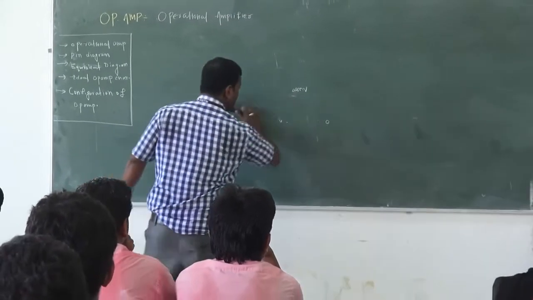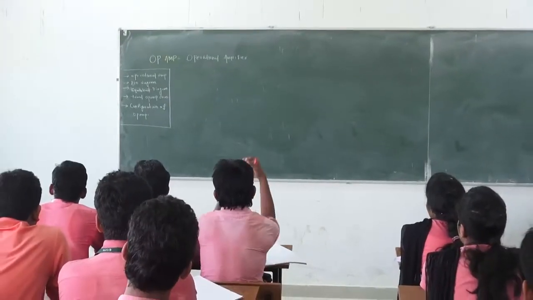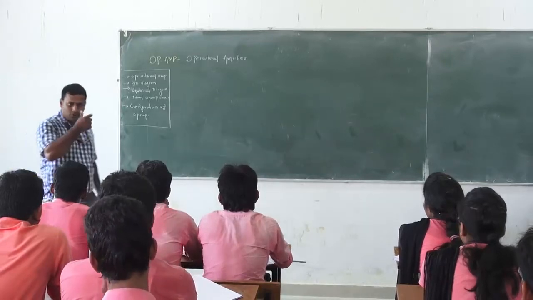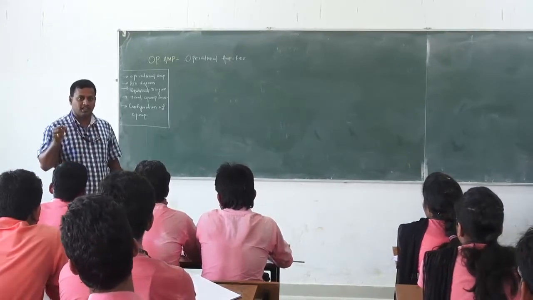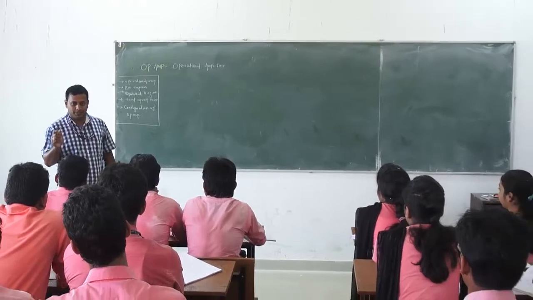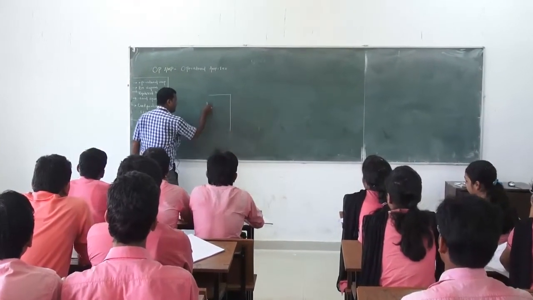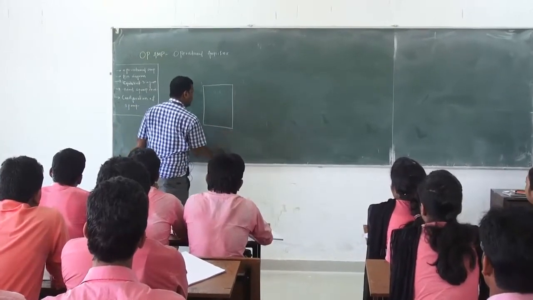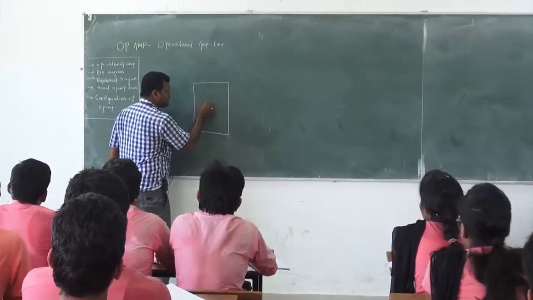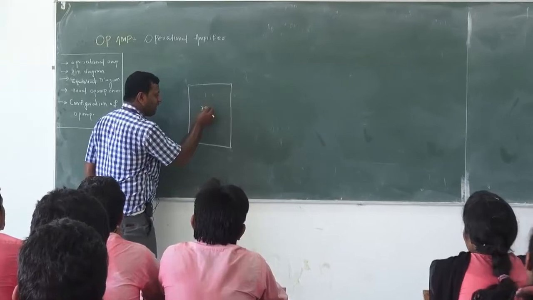The next is the pin diagram, like for BJT and FET. Unlike BJT and FET, we don't have a pin diagram for the op-amp itself, but the op-amp is readily available in the form of an integrated chip. The 741 is heavily available in the market.